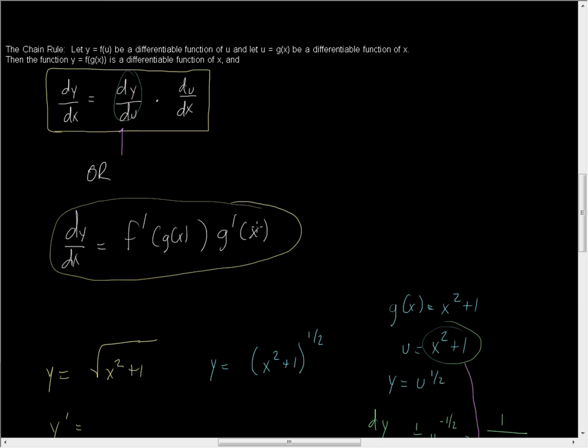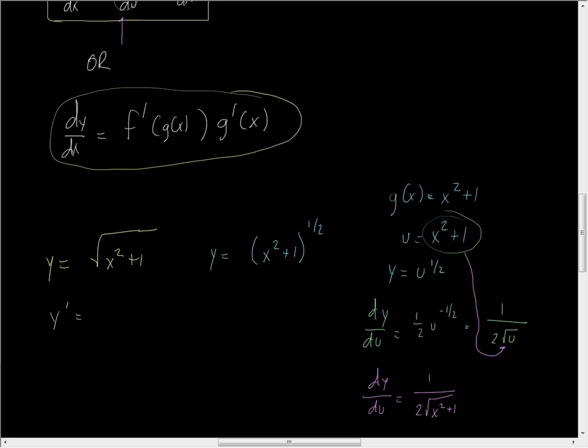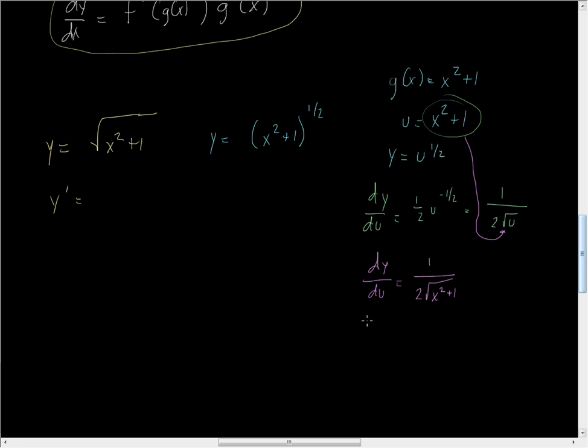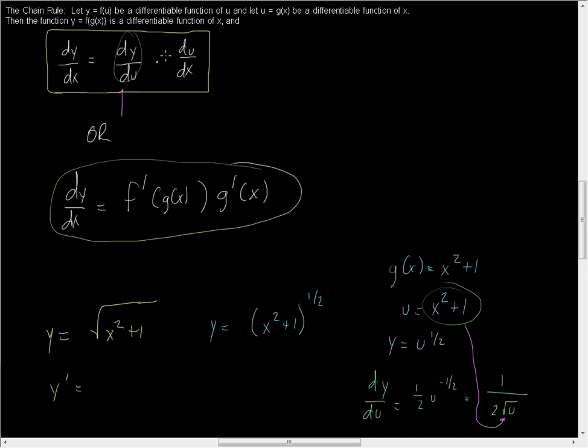Now we need du dx. So what we need to do is find u prime, or the first derivative of g of x. So du dx is equal to the derivative of x squared, which is 2x, and then the derivative of 1 is 0. And so du dx is 2x. According to the chain rule then, I multiply those two derivatives.